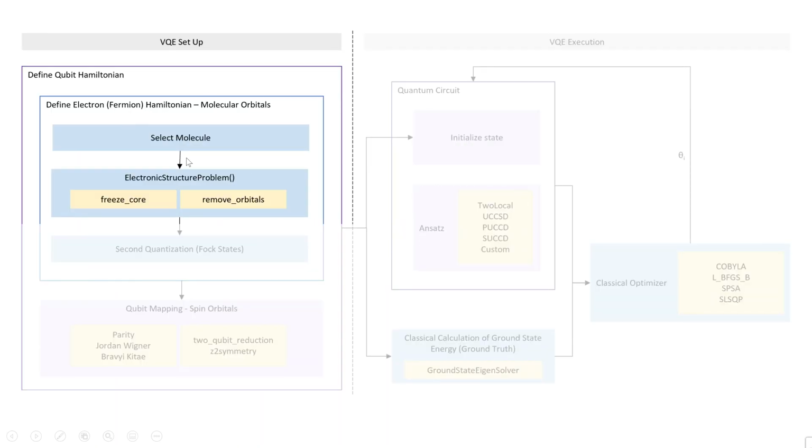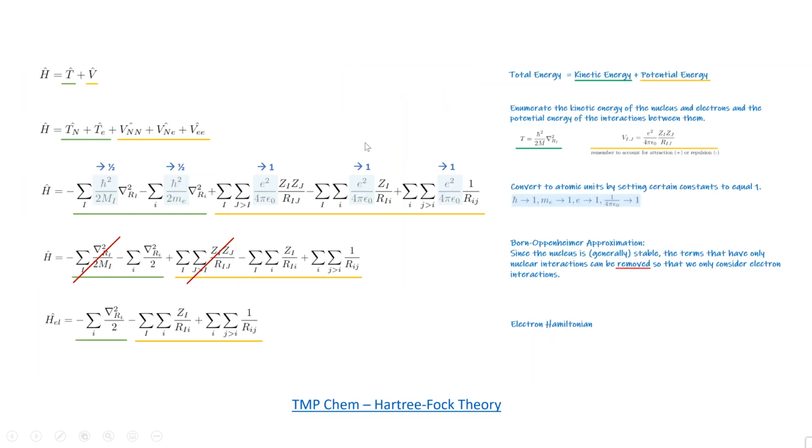The next step after selecting the molecule is to set up your electronic structure problem. I think this is where some of the theory really started to come in, and we all started to have some issues. Well, not all, but me at least. So let's look a bit at that.